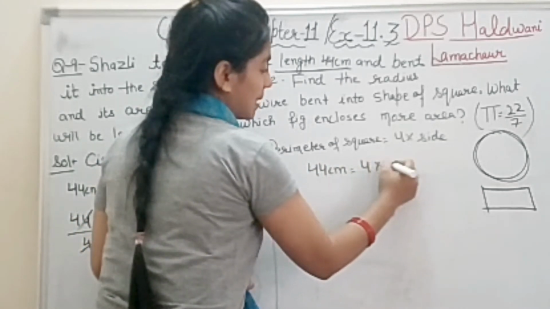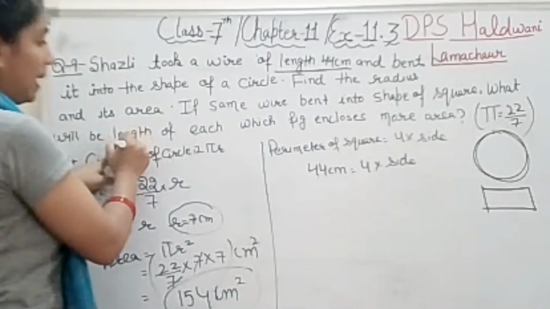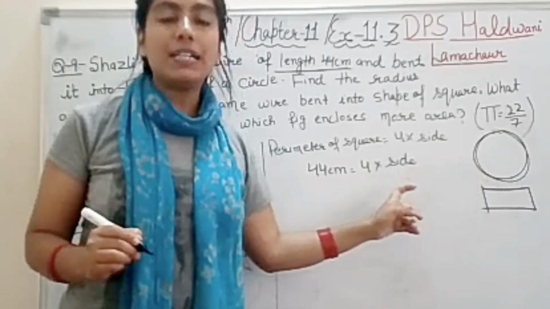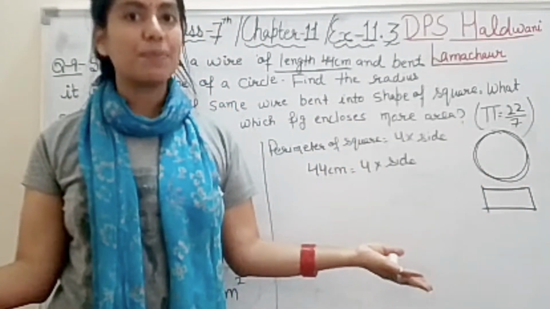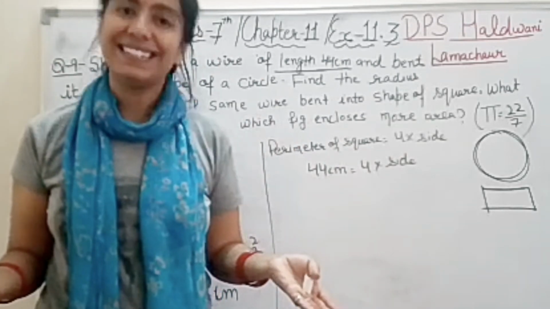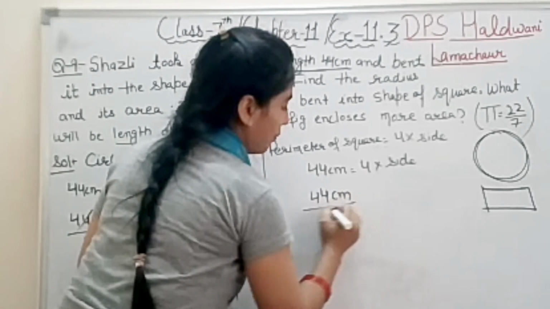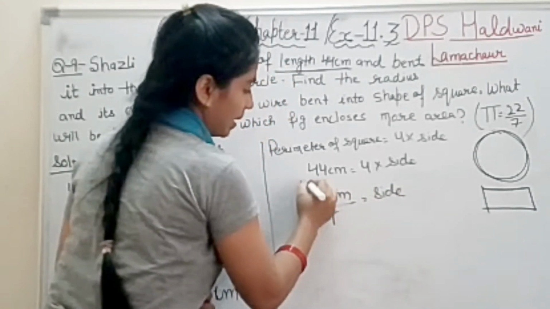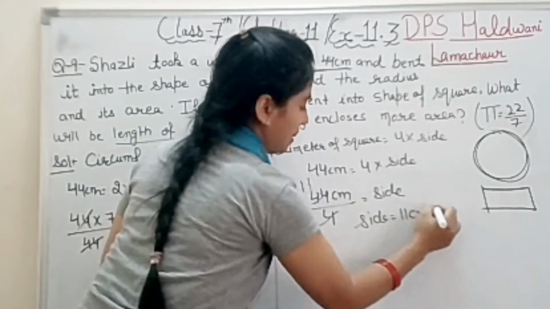So 4 into side, and side we need to find out. It's asking the length of each side. If you find one side, it will be the side for all 4 sides, because a square has equal sides. So 44 centimeter upon 4. You divide it, so the side value is 11 centimeter.